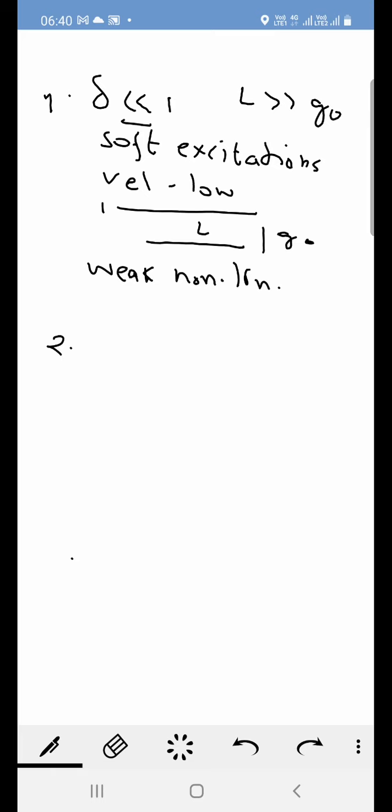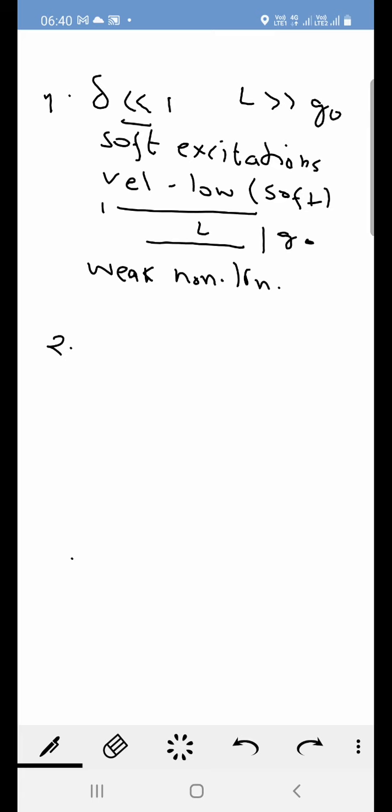The second case is, if the voltage applied is low, we also call it soft in terms of the voltage applied. So in both cases, the nonlinearity and the voltage, both of them are soft.